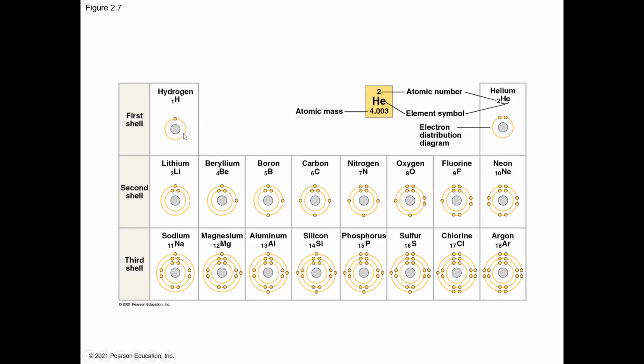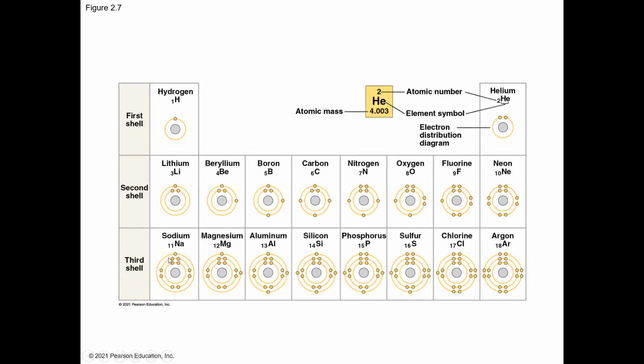Helium has two electrons, and it will fill that first shell. But once we get to lithium, you now have two shells that are formed around the nucleus. And it will fill up until it gets to 8. From the second shell on, 8 is the magic number for filling these electron shells.